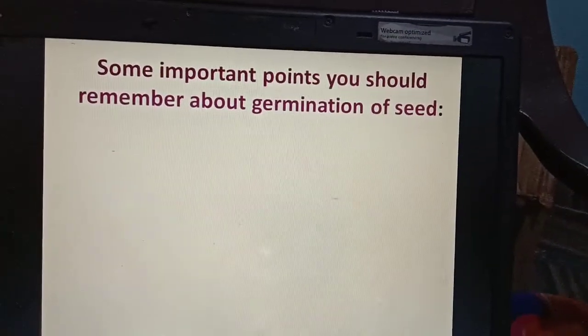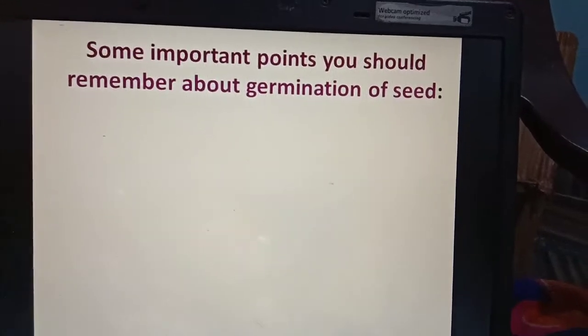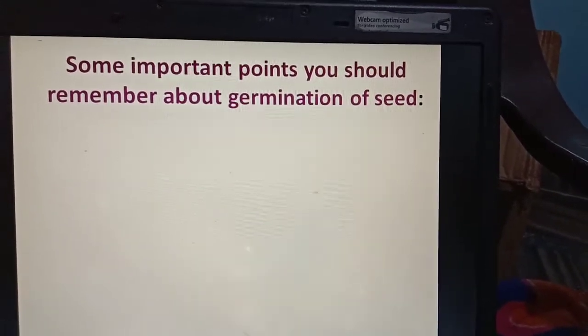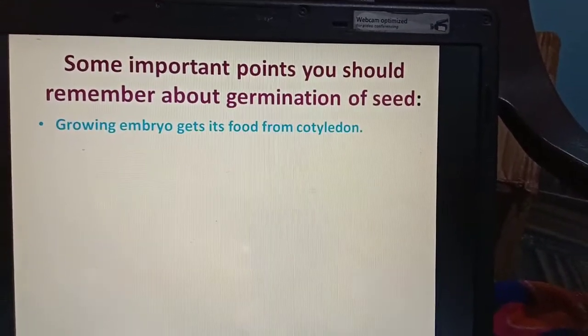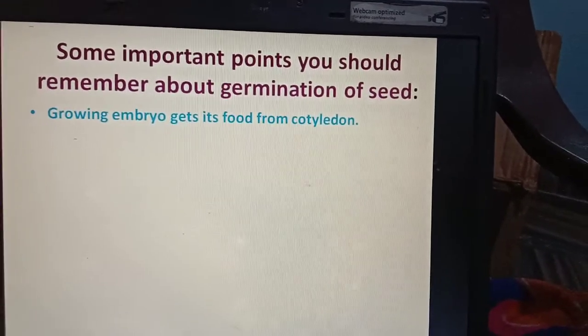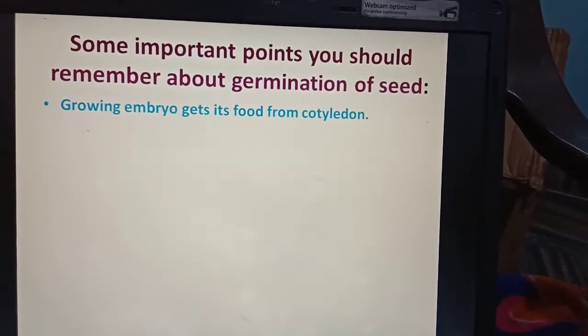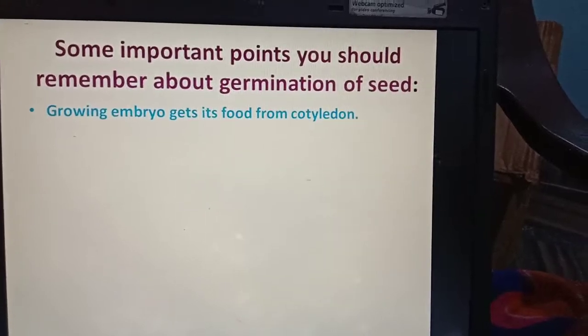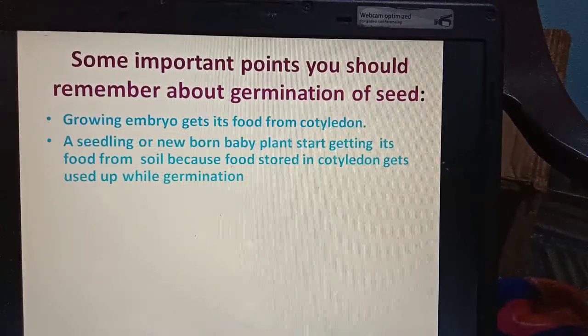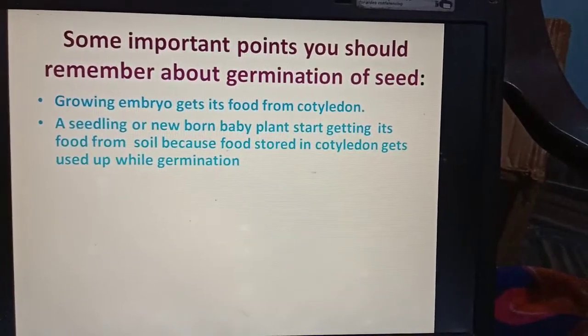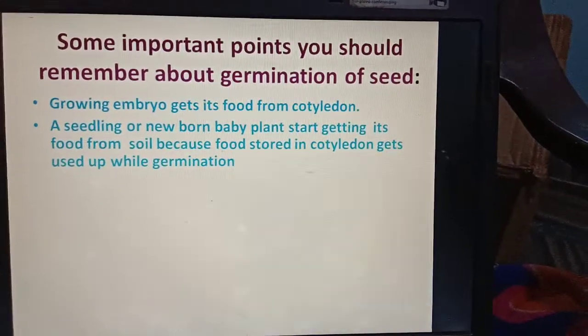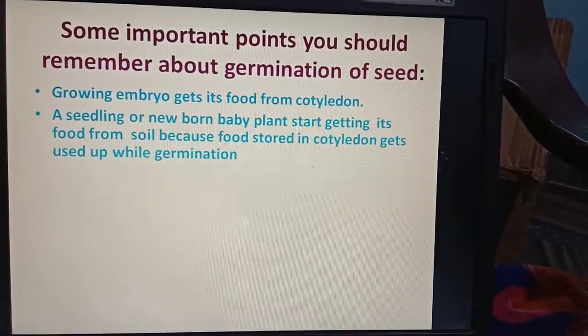Now let me explain some important points you should remember about germination of seed. The growing embryo gets its food from the cotyledon. I already explained in the picture also. A seedling or a newborn baby plant starts getting its food from soil. Why?